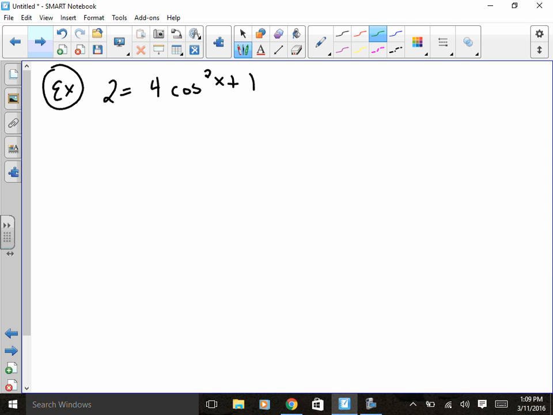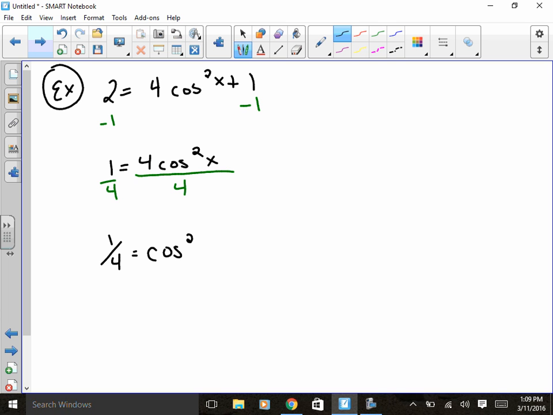So looking at this, if this was any old problem, I would subtract that 1. I now have 1 equals 4 cosine squared of x. I need to get that cosine squared of x by itself, so I divide by 4. I have 1 over 4 equals cosine squared of x.